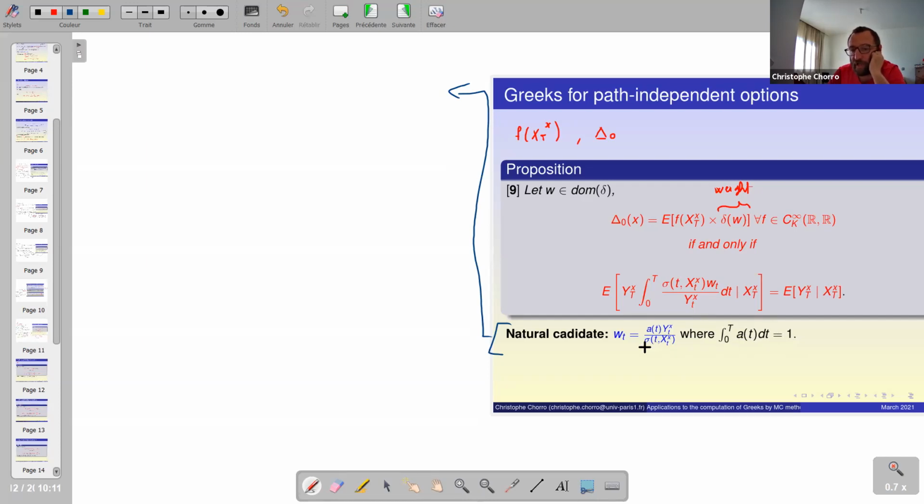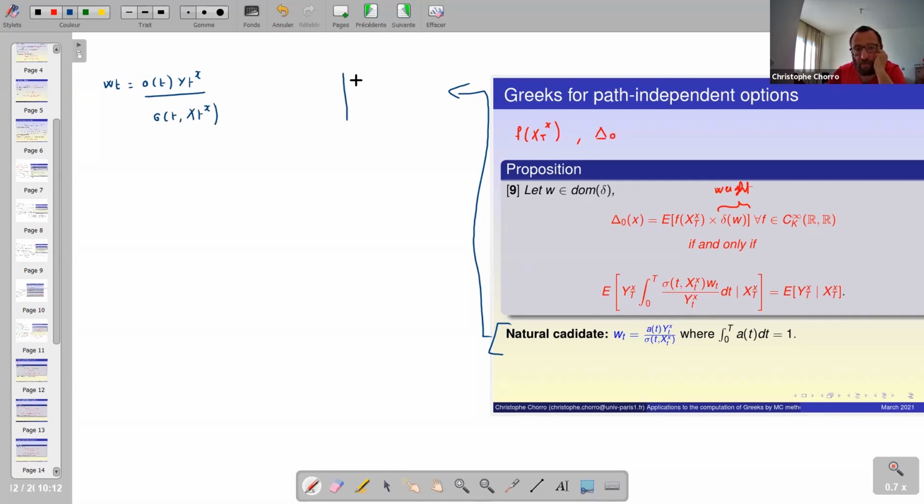Why not? I say that if I plug W inside this expression, it works. The first thing to remark is that to apply my proposition, I need to prove that W is in the domain of delta. Here, W_t is equal to A(t) Y_t(x) over sigma(t, X_t).